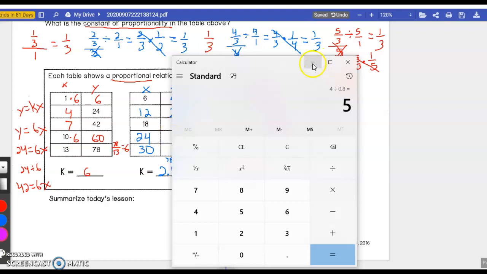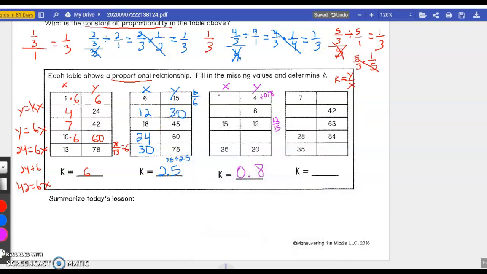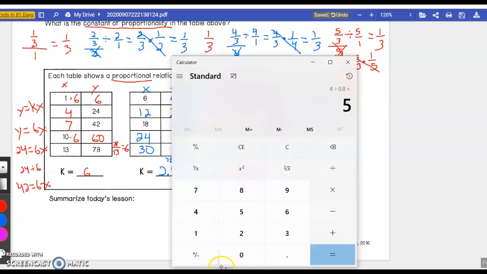We get 5. Don't panic if that number seems weird, because remember, we're actually going 5 times 0.8. 5 times a number less than 1 should be less than 5. Same thing here. 8 divided by 0.8. 10.